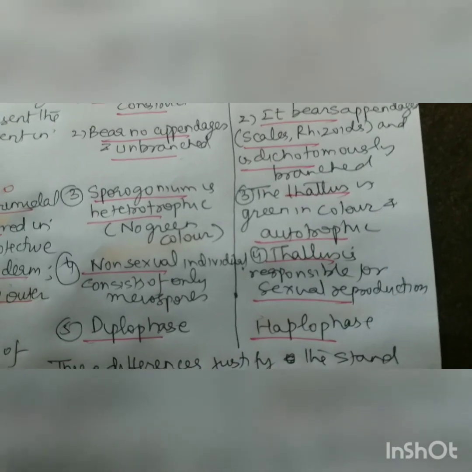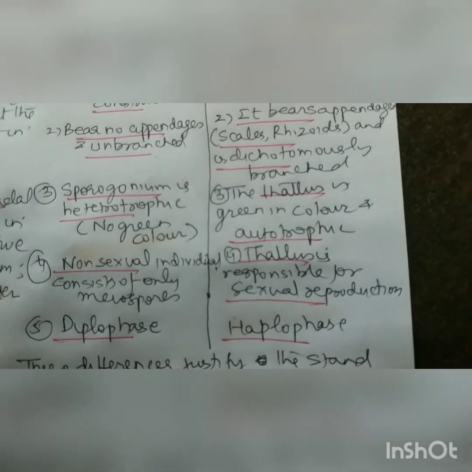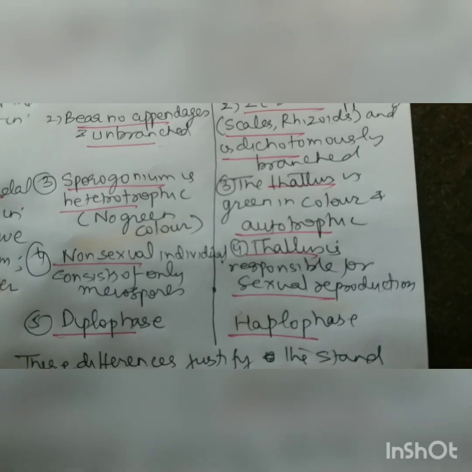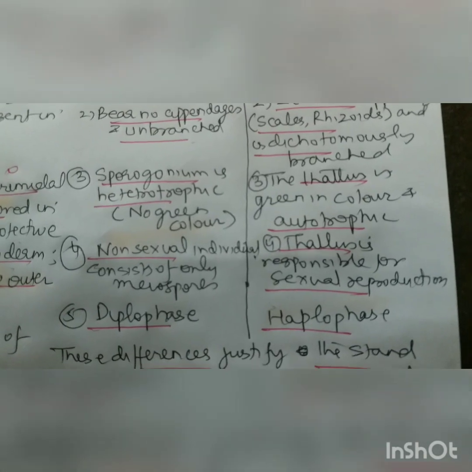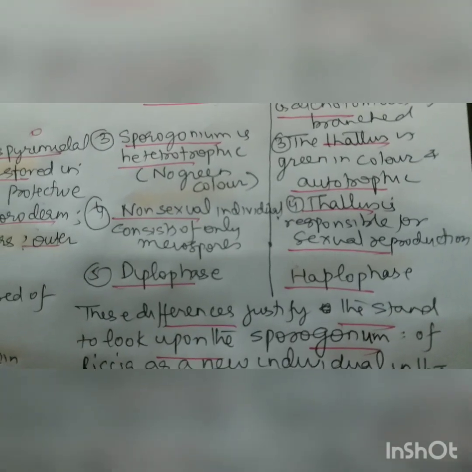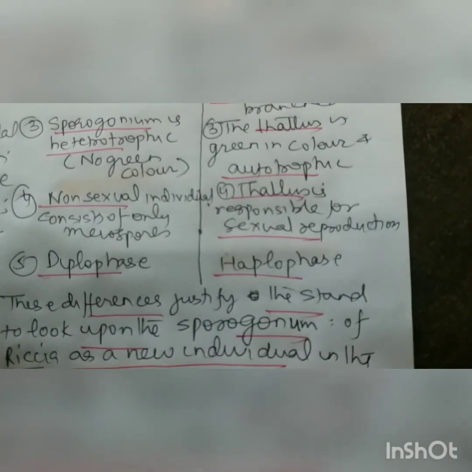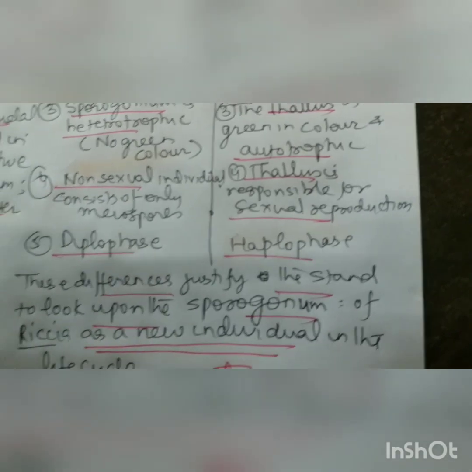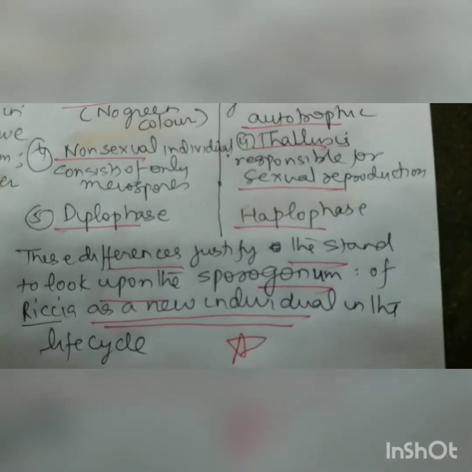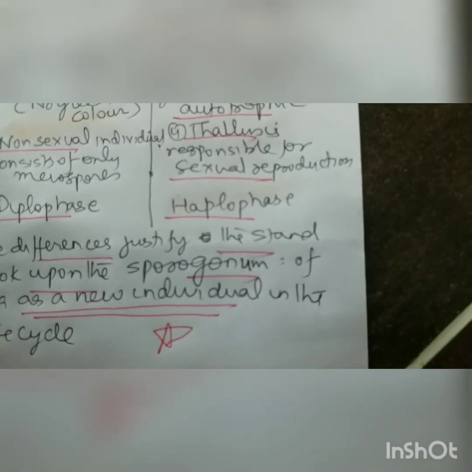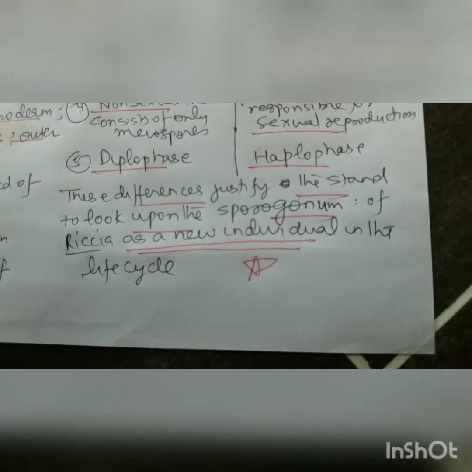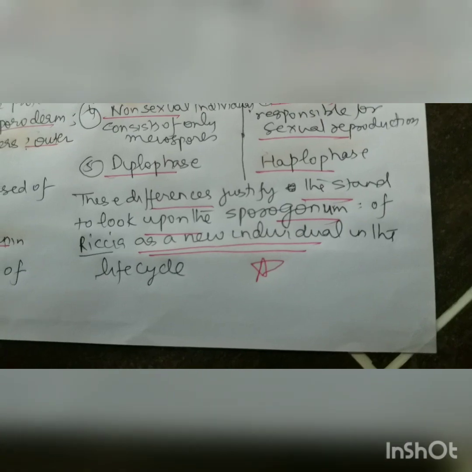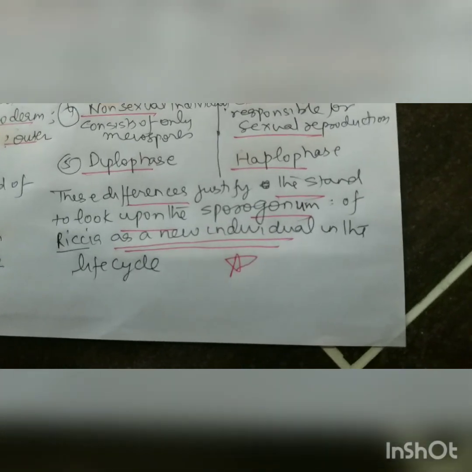Sporogonium is heterotrophic, no green color, whereas the thallus is green in color because they have a photosynthetic zone, cell-matrix particles, and discoid chloroplast, and they are autotrophic. The non-sexual individual consists only of meiospores, and the thallus is responsible for sexual reproduction. Sporogonium is diplophase, whereas the thallus is haplophase, and these differences justify the stand to look upon the sporogonium of RICCIA as a new individual in the life cycle.